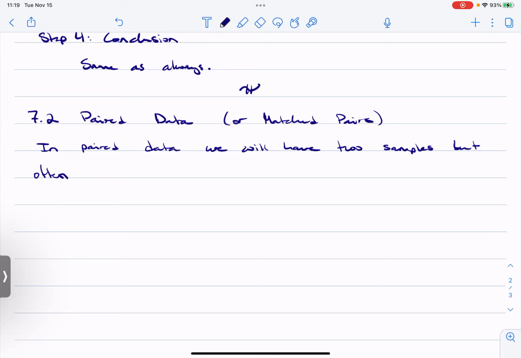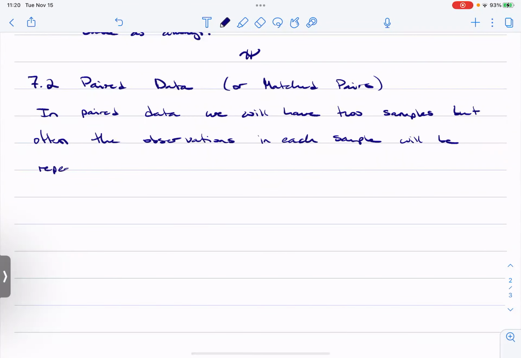Often the observations in each sample will be paired, or rather, will be repeated measures on the same subject.